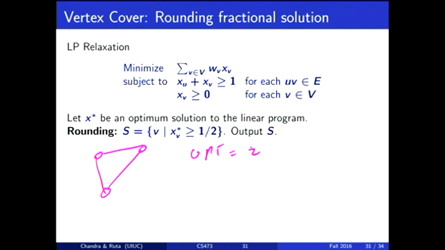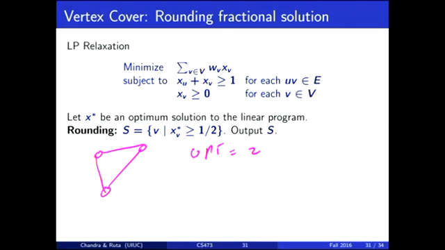What about if I allow you fractions? Can the value go down? What is a feasible fractional solution? That means I allow you to take each vertex fractionally, but the constraint is that for every edge, you have to make sure that the sum should be at least 1, right?